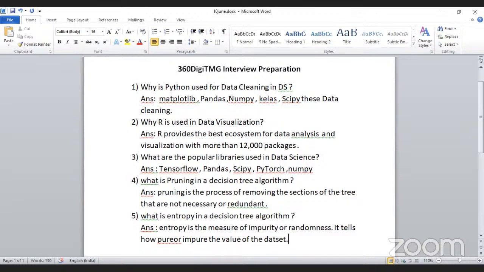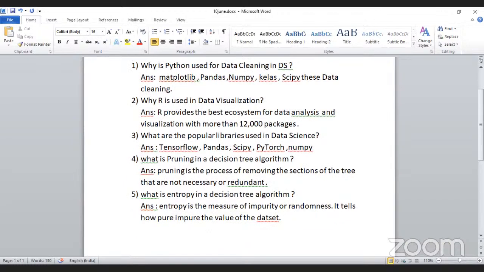Simply, we can say it is variance. Variance is how our values differ, the difference between the accurate and the different values. That's why we call it variance. So we can say that is the impurity in our data set.